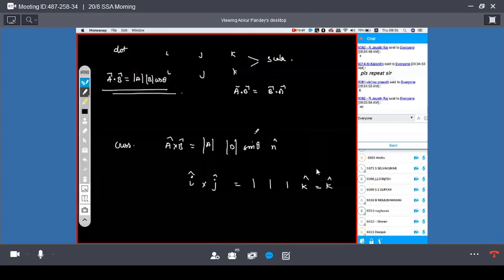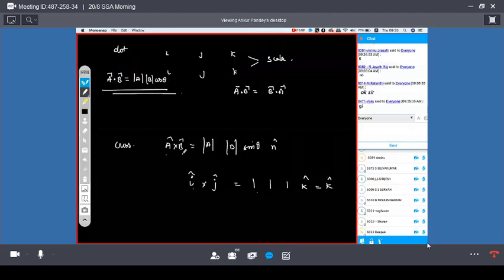Okay, fine, right? So now what happens? As per the definition, if I do a cross product between i and j, we know magnitude of i is 1 unit vector, magnitude of j is 1 unit vector.